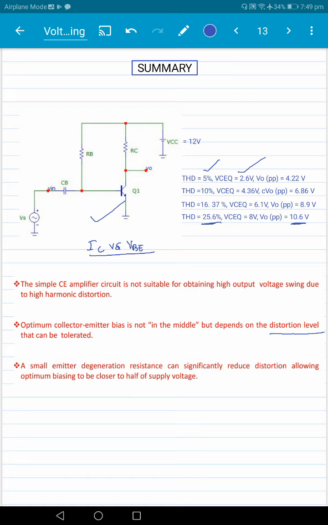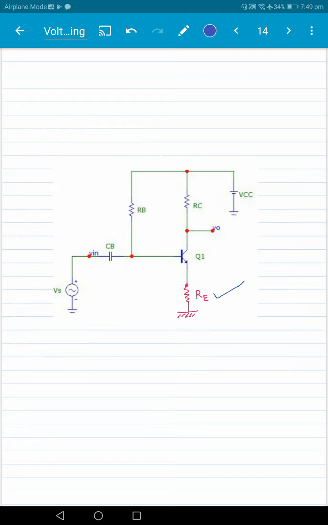So once again, biasing in the middle is not the perfect biasing. Appropriate biasing depends on how much distortion you're willing to tolerate. And if you really want to design a common emitter amplifier with high output voltage swing and low distortion, put a resistance in the emitter to reduce distortion.